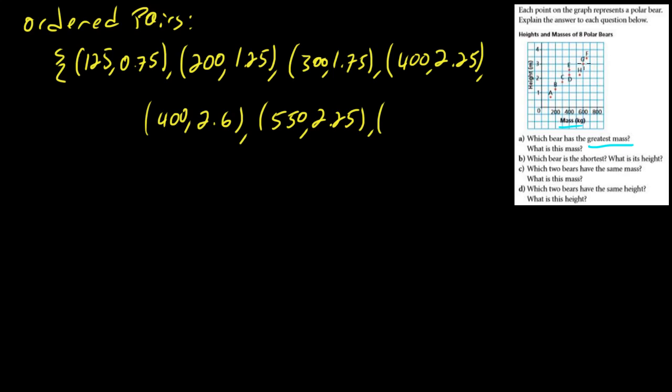Keep it going. We got G at 600 and 3. And then finally, I think I can sneak it in here. We got 625, and I'm going to approximate that to be 3.4. Okay, end off my brace.